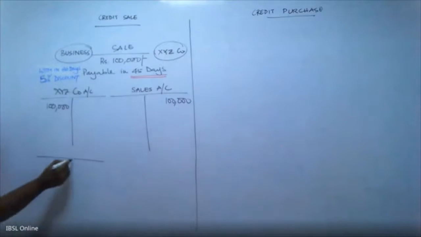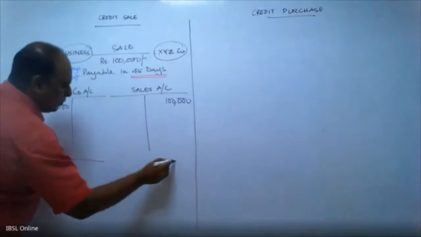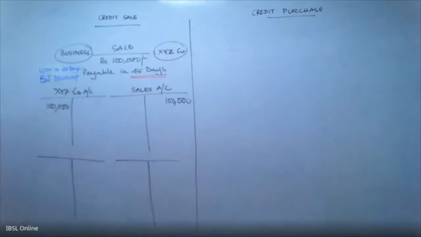So what happens? I'm writing it here. I don't know, just see whether you can see the board. You will receive cash 95,000 instead of 100,000.